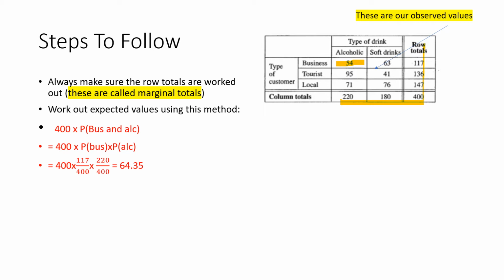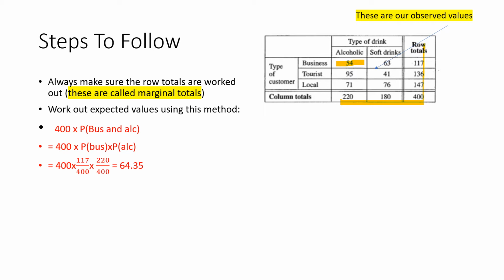Now remember, we're assuming independence here. We have to assume independence. So that must be, based on our laws of probabilities, the probability of being a businessman, 117 over 400, multiplied by the probability of having an alcoholic drink, 220 over 400. So that's the probability.